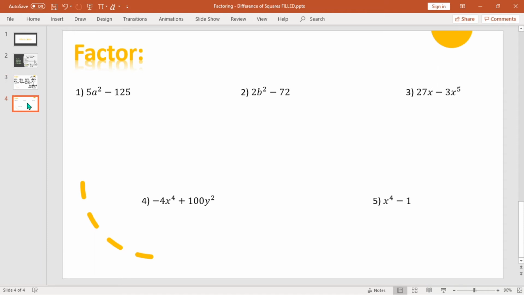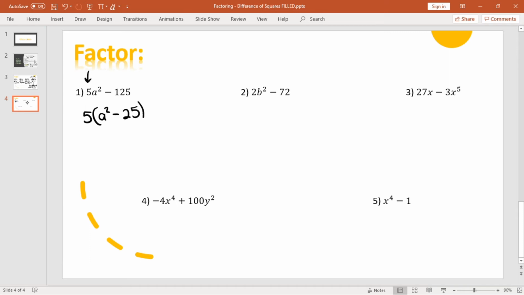All right, so remember on that first slide, I said you need 2 perfect squares. So when I look at number 1, I'm like, well, 5 isn't a perfect square, nor is 125. However, this has a common factor in both terms of 5. So take that out first and see what you're left with.